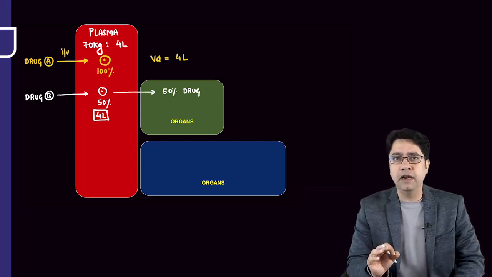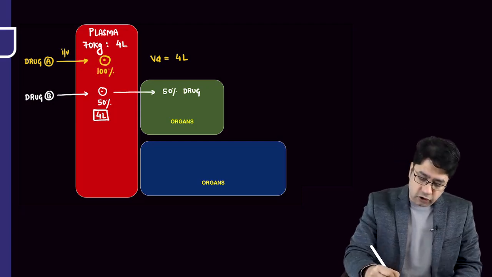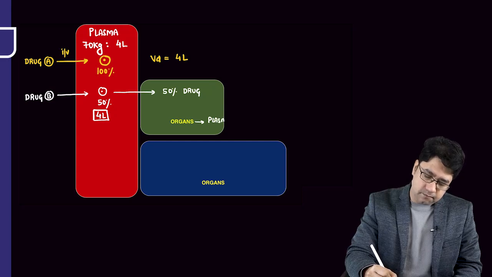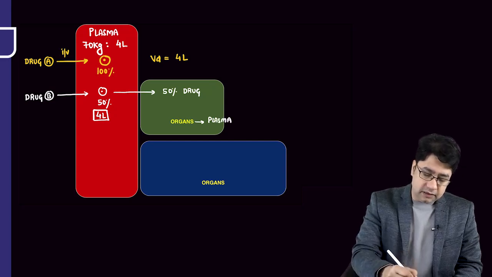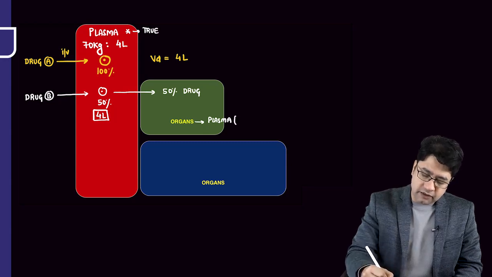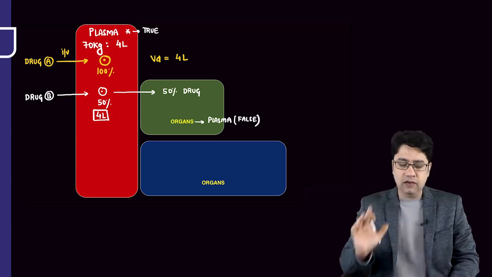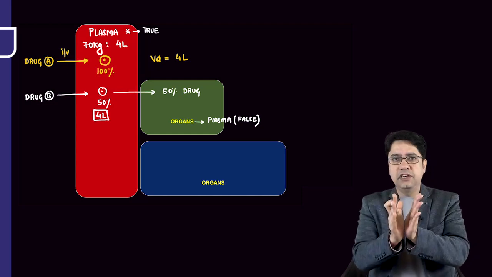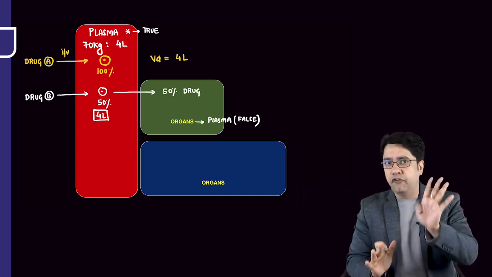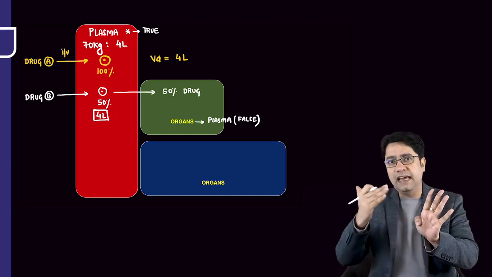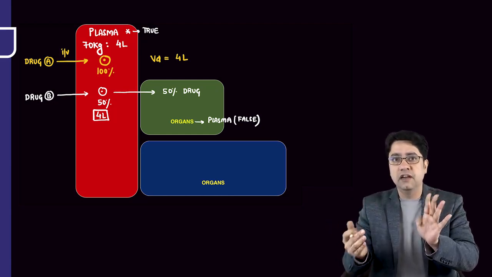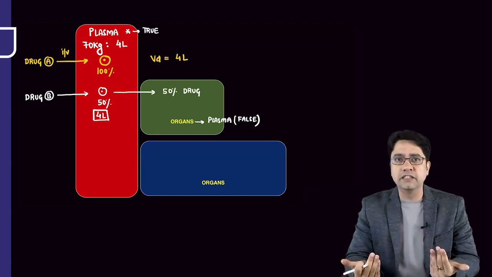Now for a moment, assume that your organs are also made up of plasma. That means this plasma in red is the true plasma and this organ is a false plasma which we have assumed. So can you tell me that if 50% of the drug requires 4 liter of plasma, another 50% of the drug will require how much plasma?